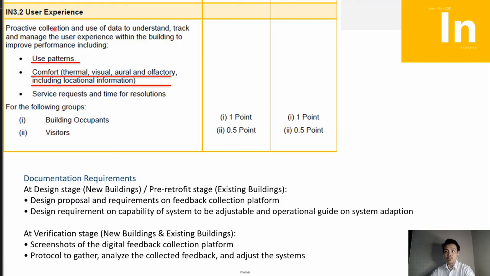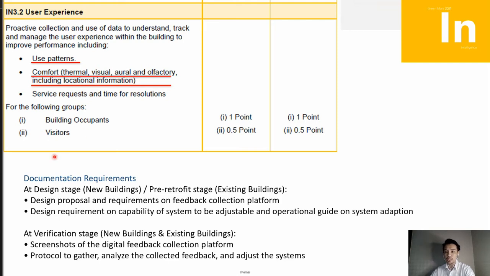In user performance experience as well, it focuses on the use patterns and the comforts, in the thermal, visual, aural, and olfactory aspects, and location information. It's a proactive collection of data to understand, track, and manage the user experience within the building.